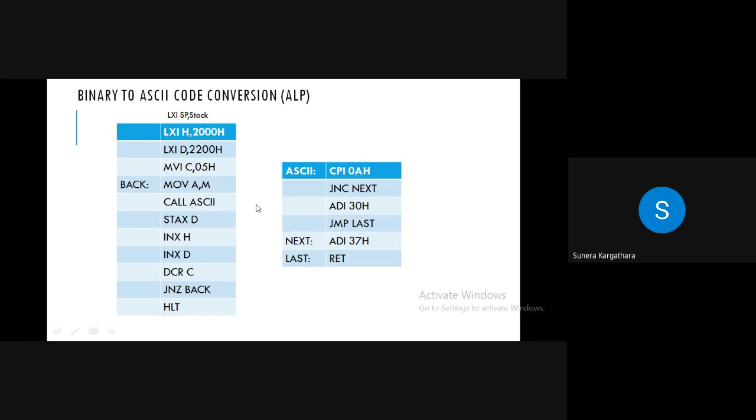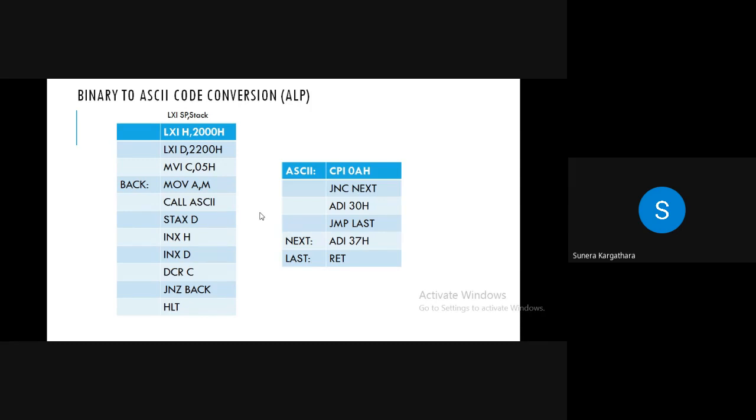The second thing is how to compare your number, and check whether the given input is a number, that is 0 to 9, or an alphabet A to F, right? How to convert both into ASCII? The adding is different. If you have a number, 30 should be added. If it is an alphabet, 37 should be added. I hope I am communicating, student.